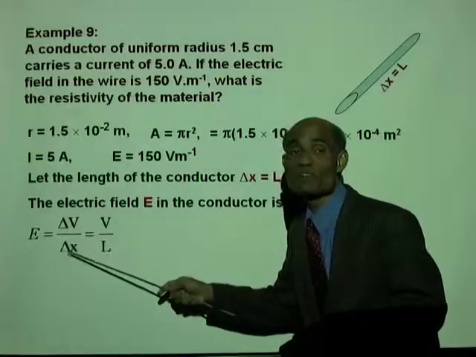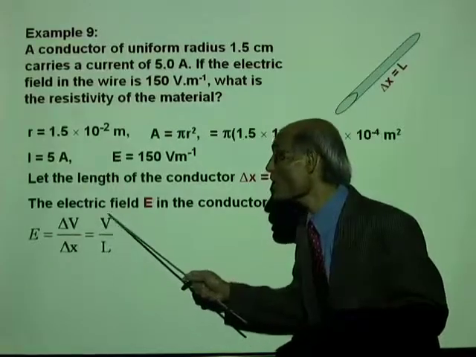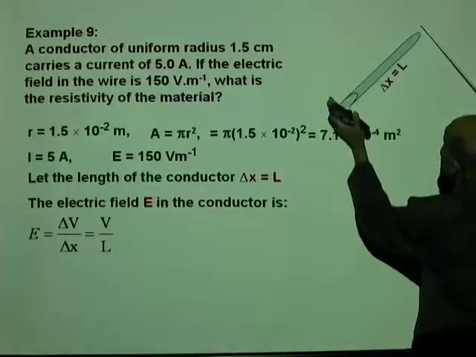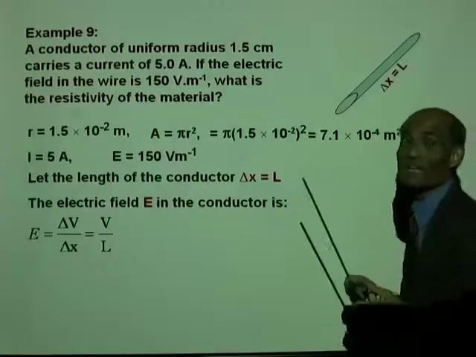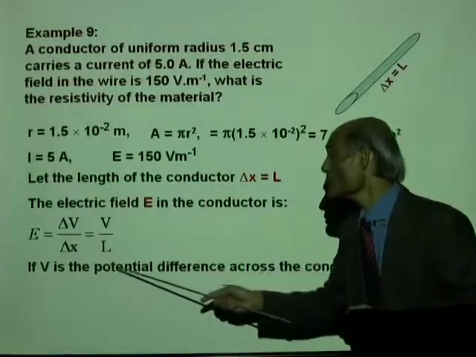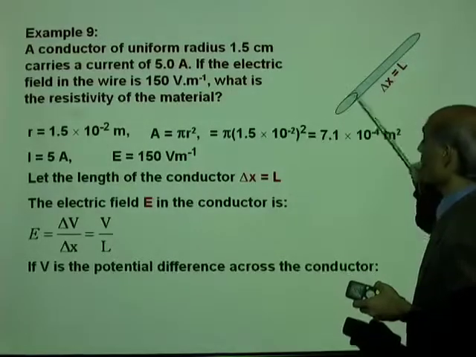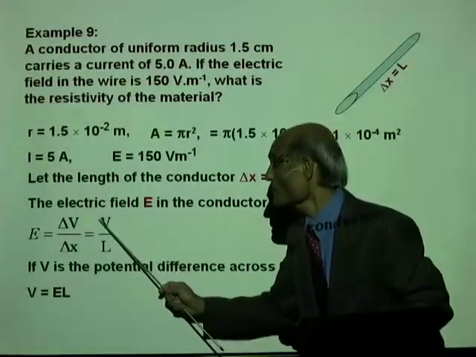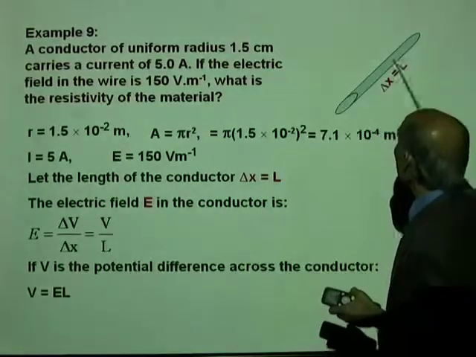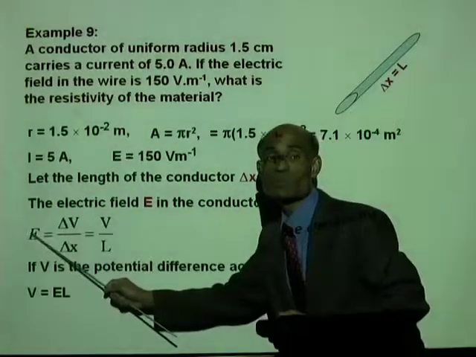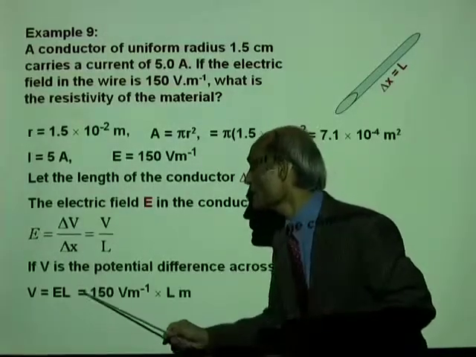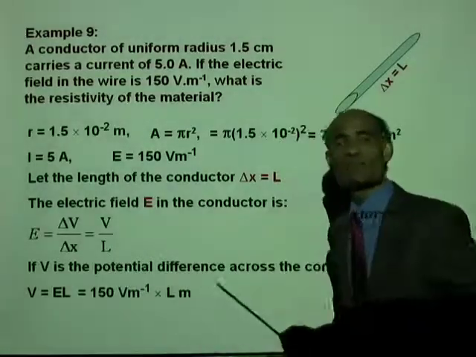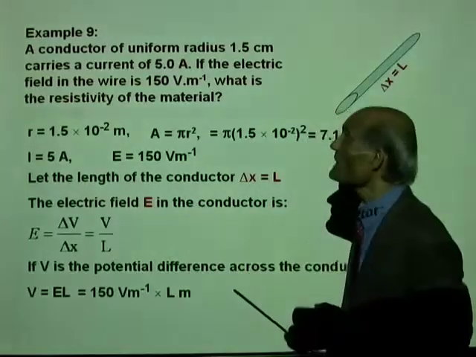E equal to delta V over delta x, which is V over L. So the electric field in that conductor is the potential difference between its ends divided by the length L. Now, if V is the potential difference across the ends of the conductor, then V equals E times L. And E is given to be 150 volts per meter, and L we don't know, so we leave it like this. So we've got the value of V.